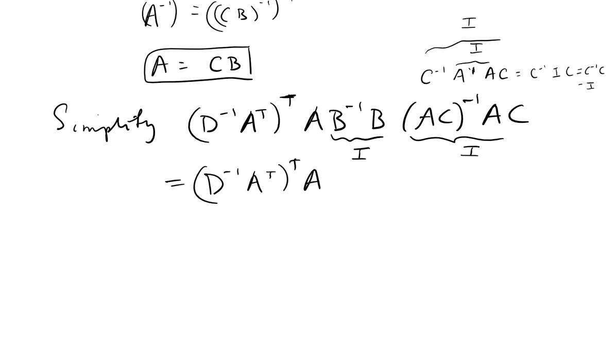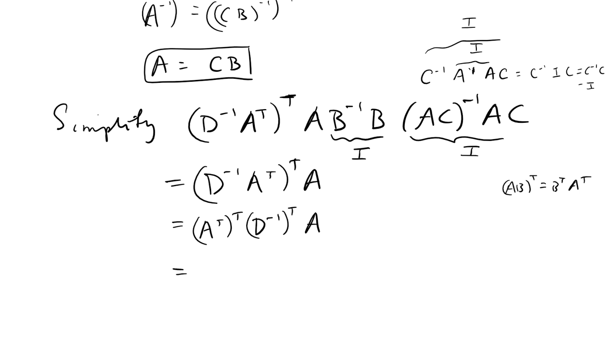Okay. Now I've got the transpose of a product. So remember, the property we're going to use here is AB transpose is B transpose A transpose. So again, the order in which the product is done changes once you distribute the transpose.